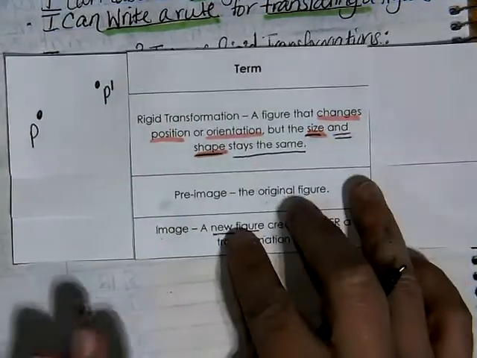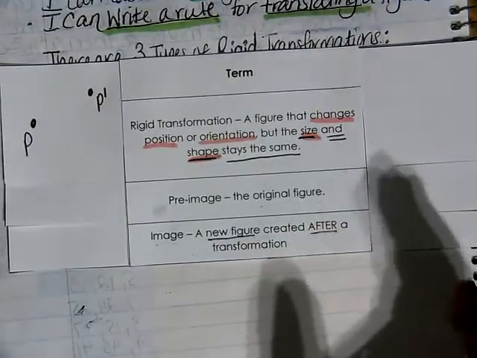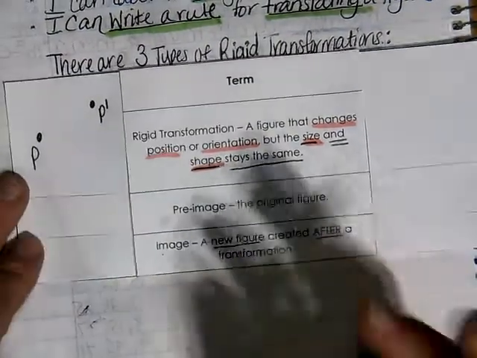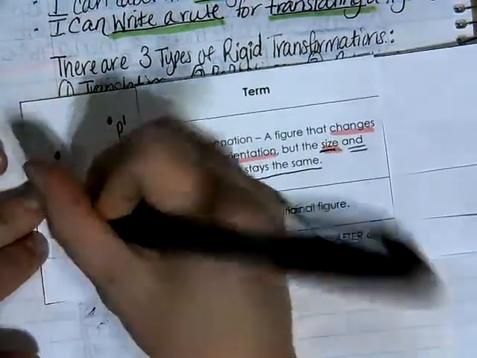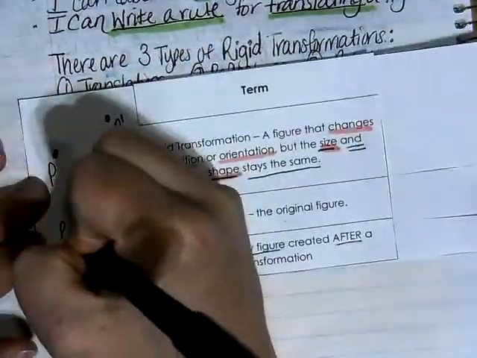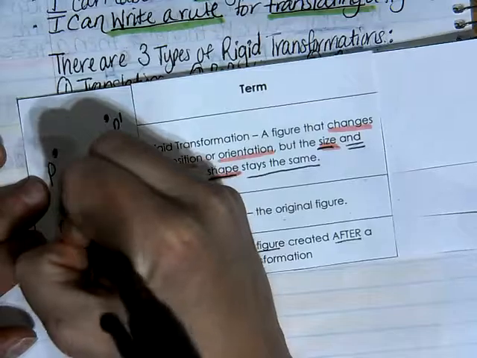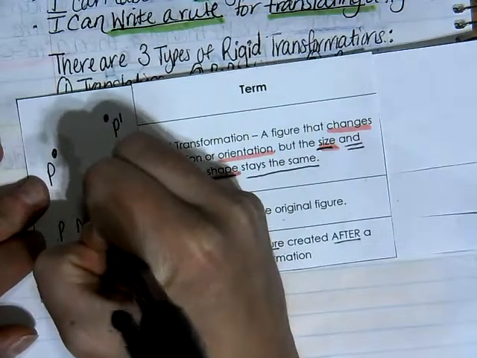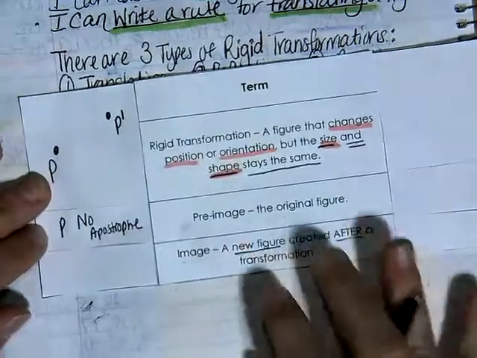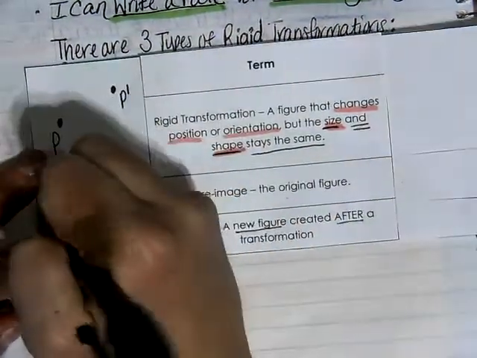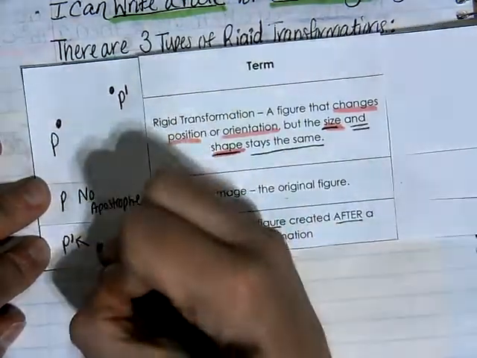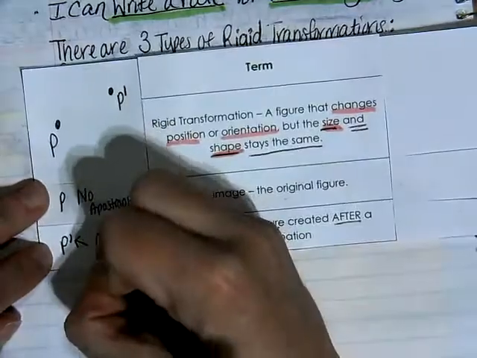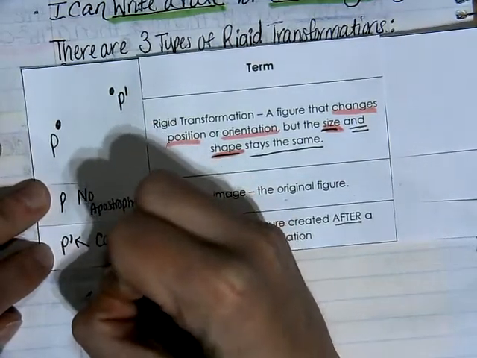The notation that we are going to be using whenever we are working with a rigid transformation is we're going to be calling the pre-image a point with no apostrophe. Versus an image is what comes second. It will have an apostrophe. An apostrophe means that it comes second. A pre-image came first.